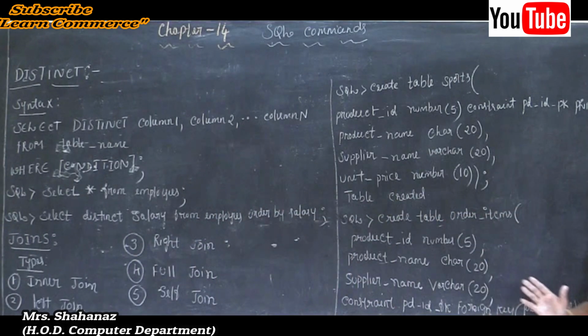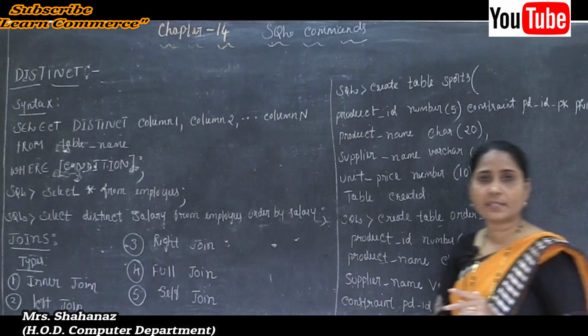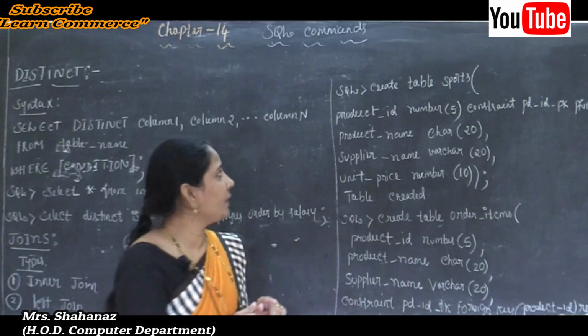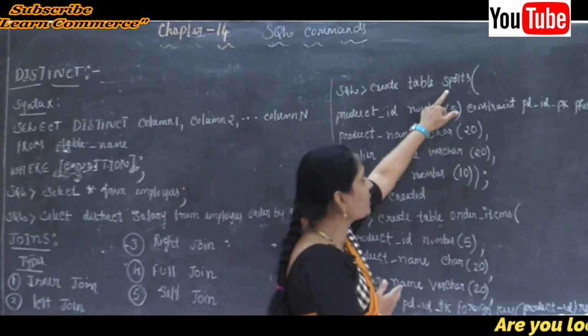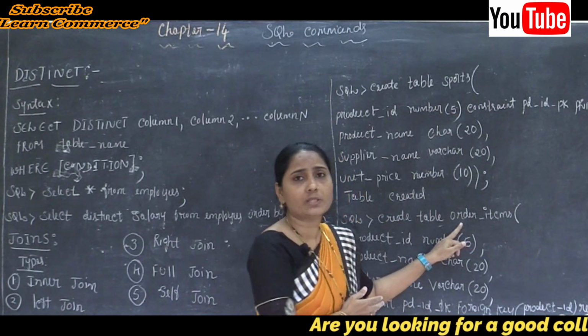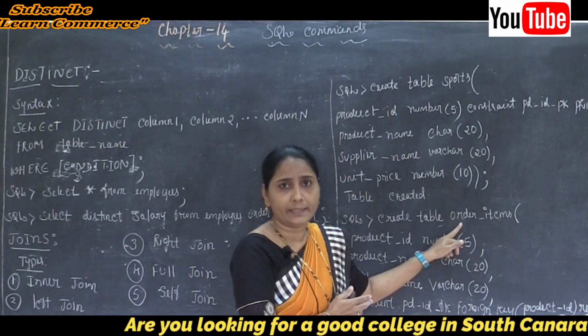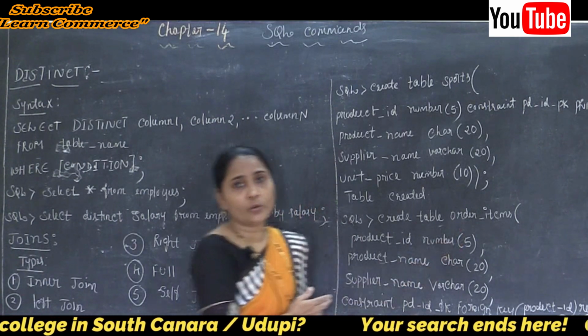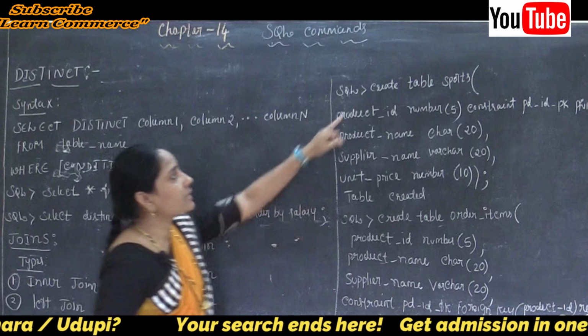So in this example, I want to tell about our two table names. Consider the following tables. The first table name I want to use is sports, and the second table name I want to use is order_item. And I want to join these two tables by using a command like our select command.